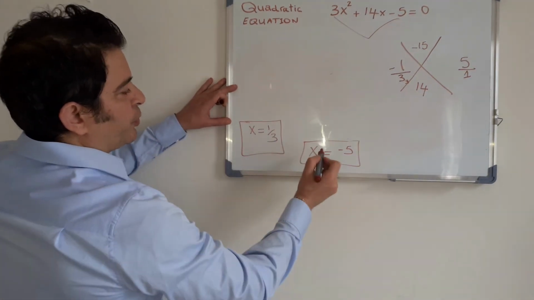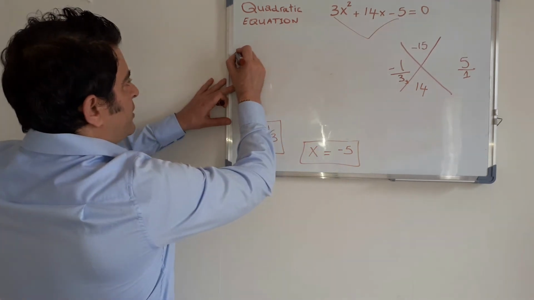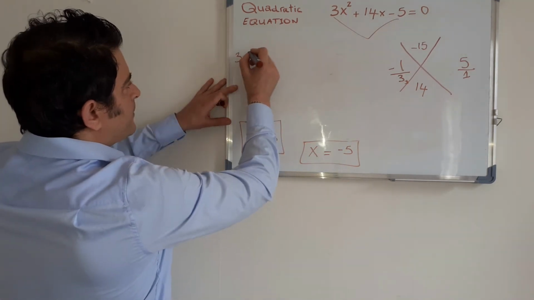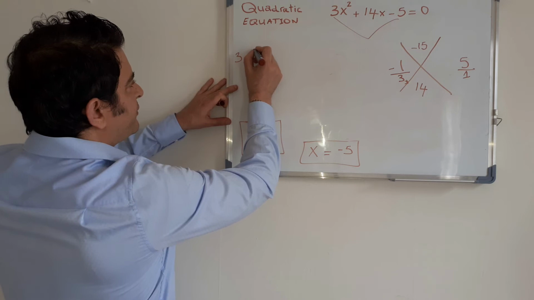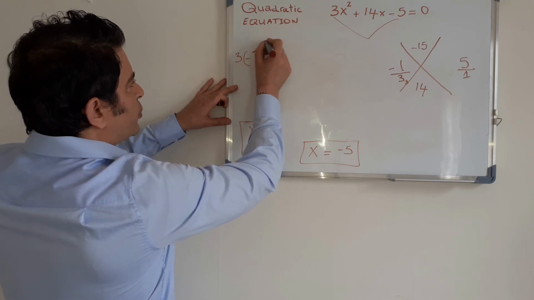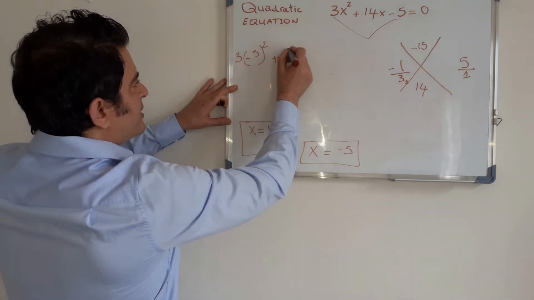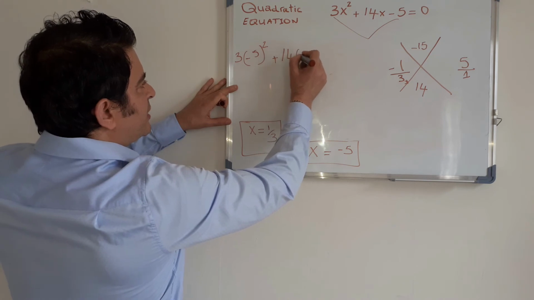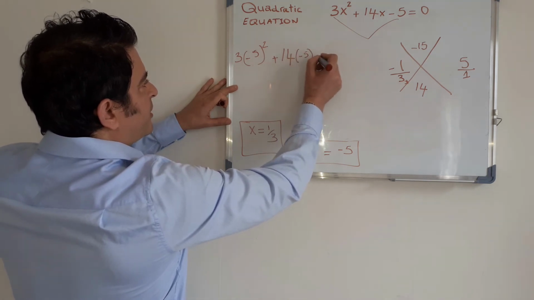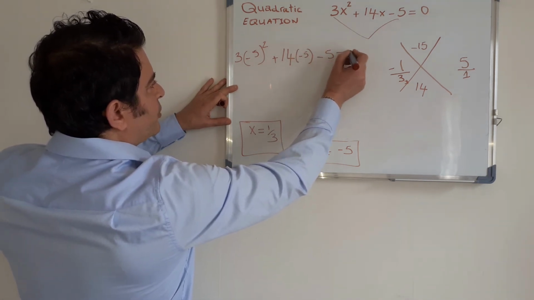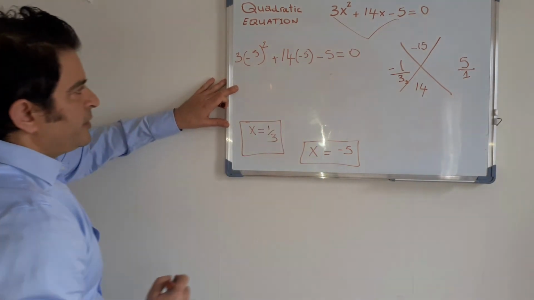We need to make sure that it will give us 0. So 3 times minus 5 squared plus 14 times minus 5 minus 5 equals 0.